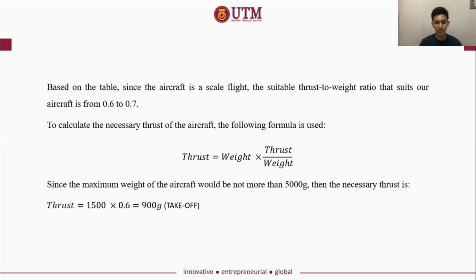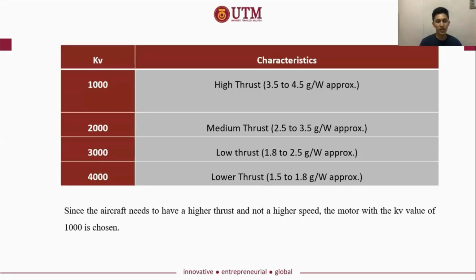So to calculate the thrust, 1,500 grams times 0.6 thrust to weight ratio, and we get 900 g of thrust during the takeoff.